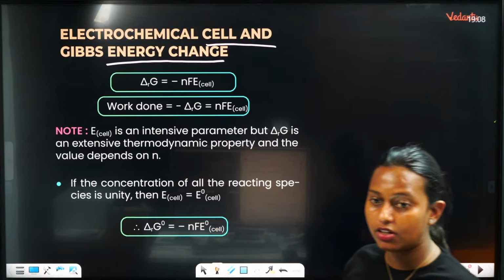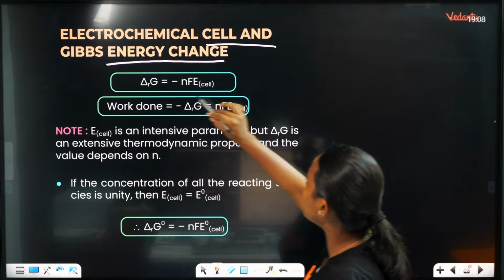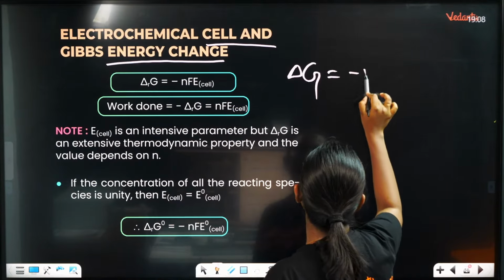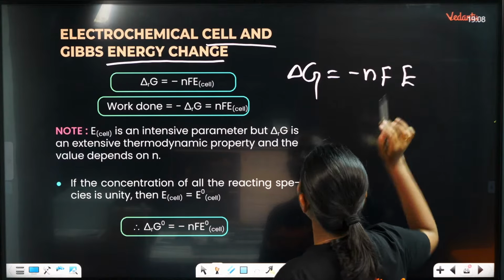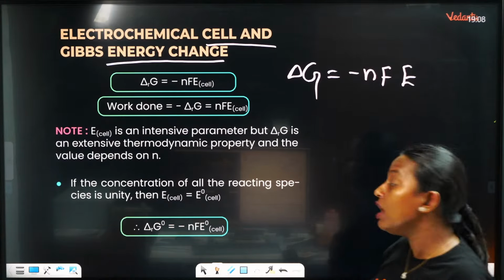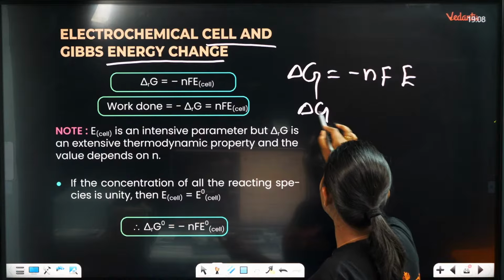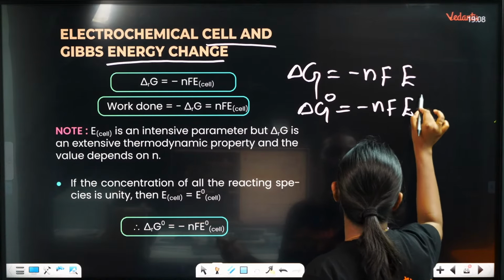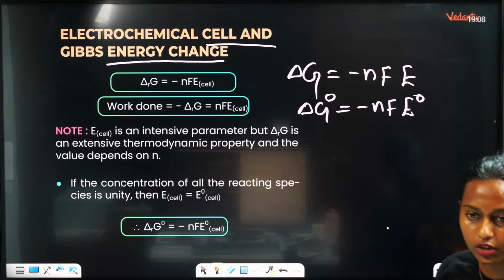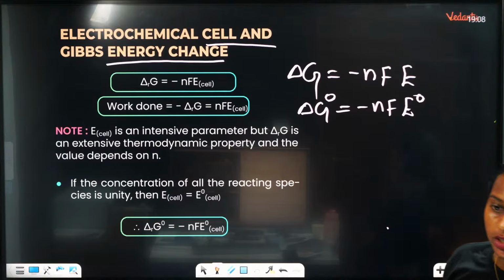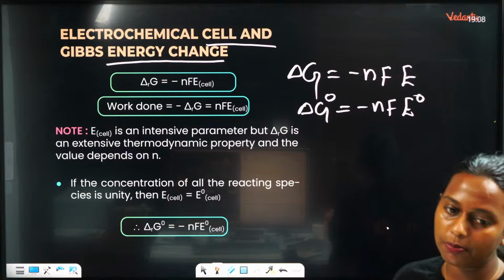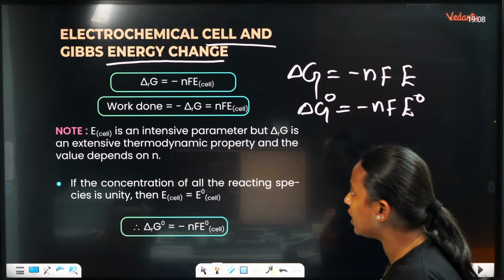There is a relation between Gibbs free energy and electrochemical cell: delta G, the Gibbs free energy, is equal to minus nFE. The standard Gibbs free energy is delta G naught equal to minus nFE naught. Everyone go and check now.